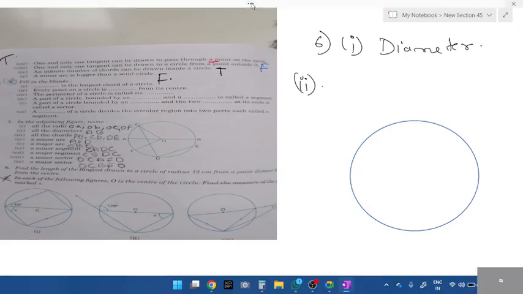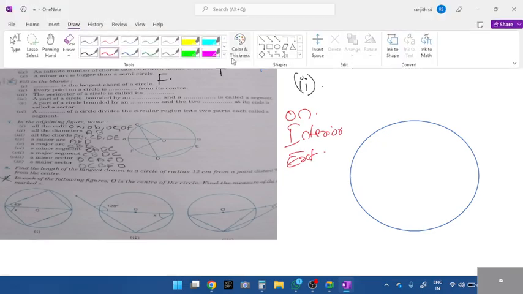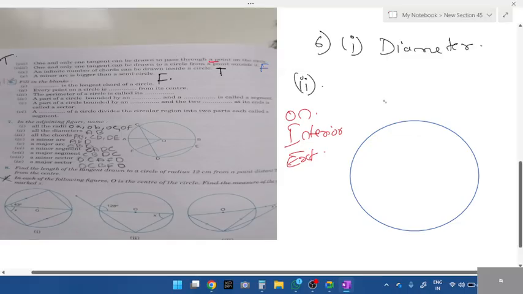See, in this circle, there are three types of names you have to remember: on the circle, interior, exterior. Do you all know the meaning of interior and exterior? On the circle, a point is where? On the circumference. Can you see the points here?